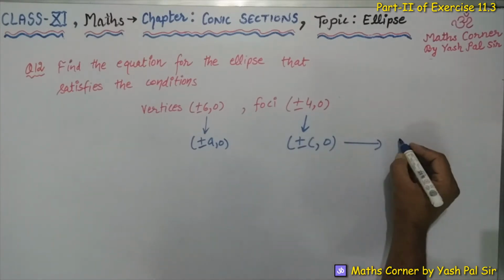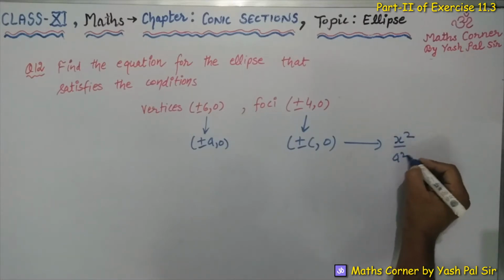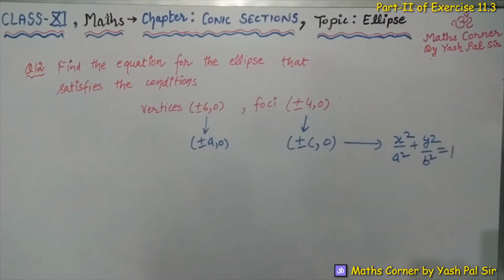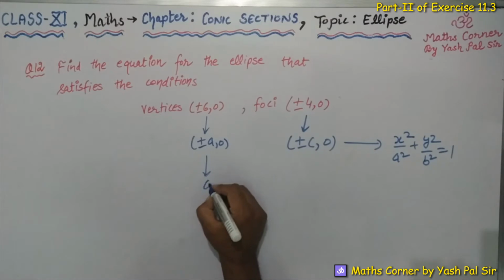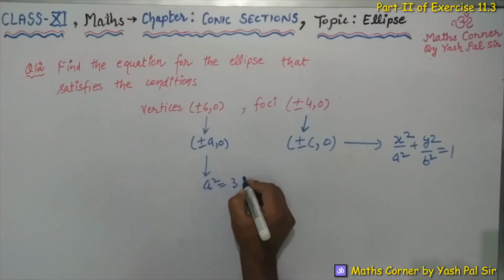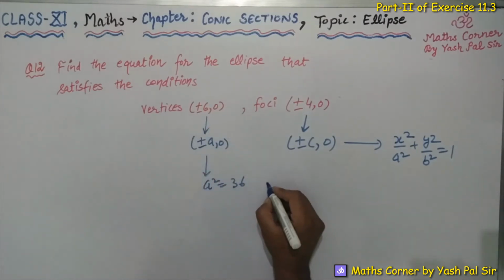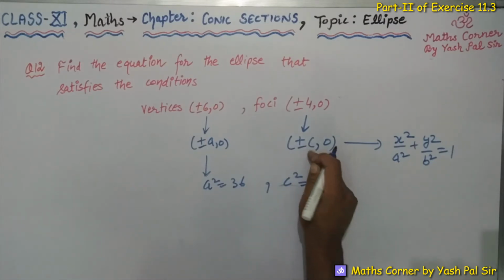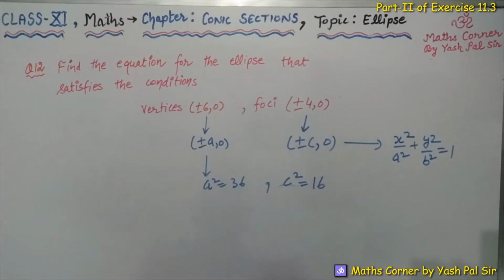This is from the equation of the ellipse x square upon a square plus y square upon b square is equal to 1. So from here we can say a square is equal to 36, 6 into 6 is 36, and c square we say is equal to 16.